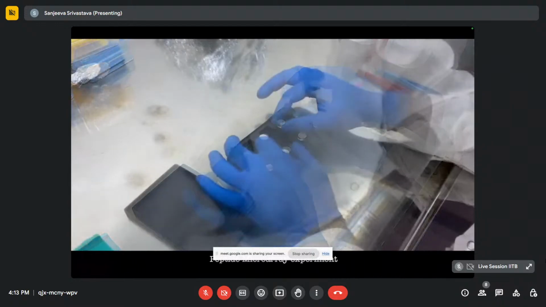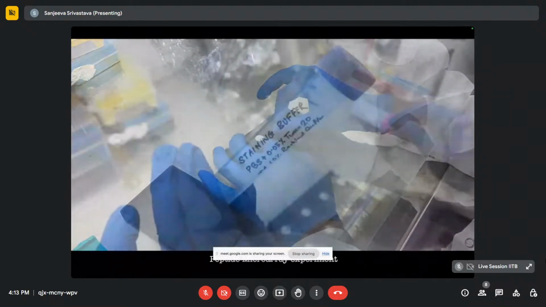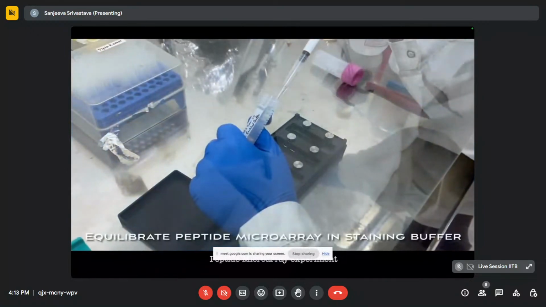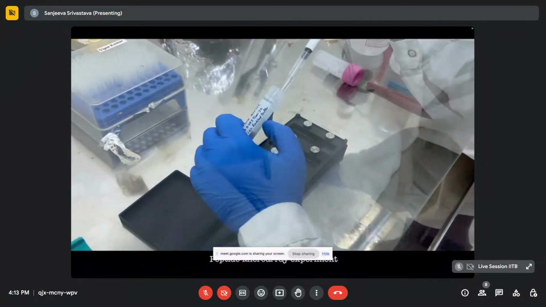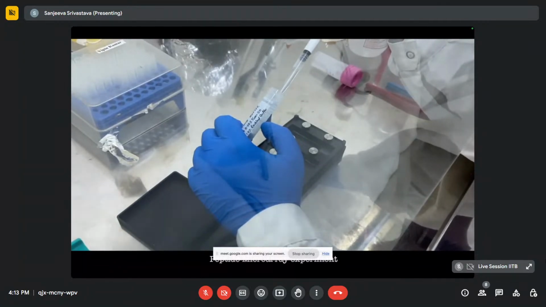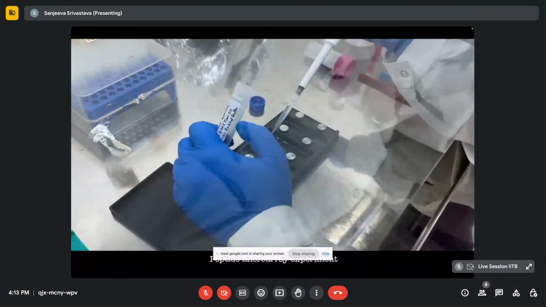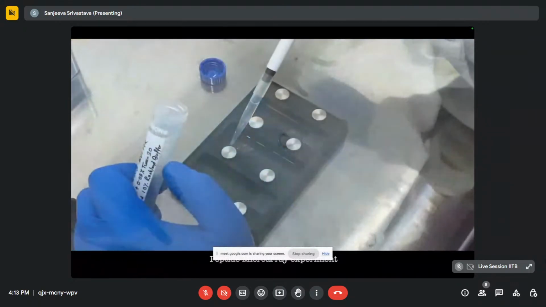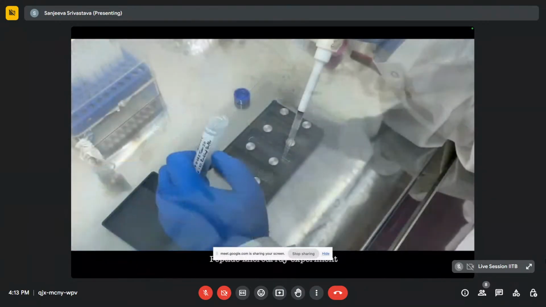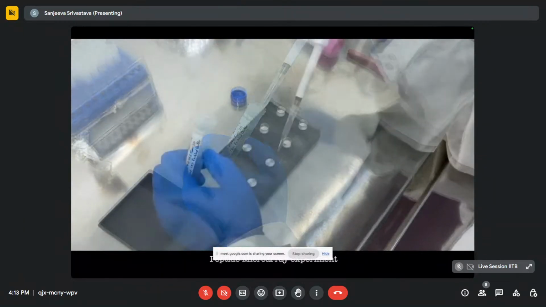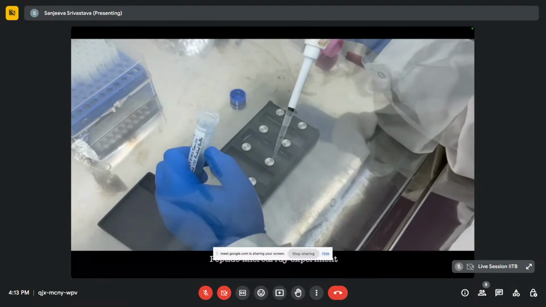Next, add 2 ml of staining buffer onto the chips. This step is called equilibration of peptide microarray chip. Please note that we are not touching the microarray chip at any point. Now allow the equilibration process to happen for 15 minutes.